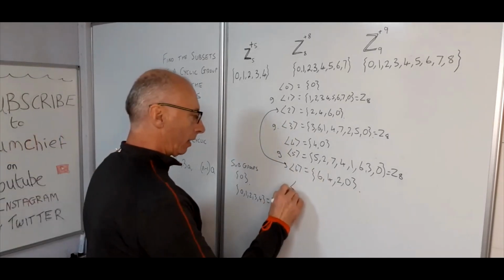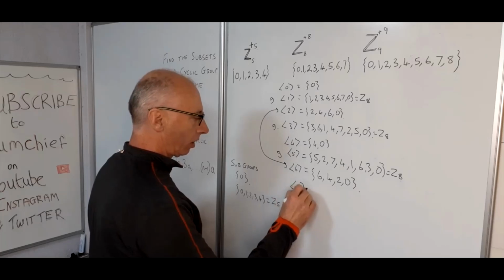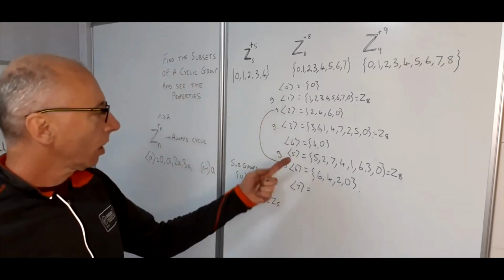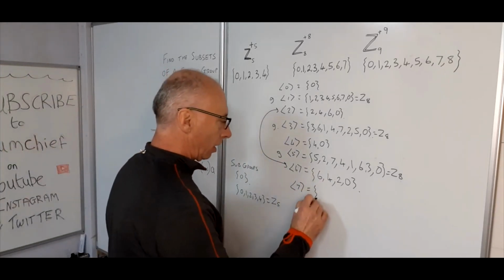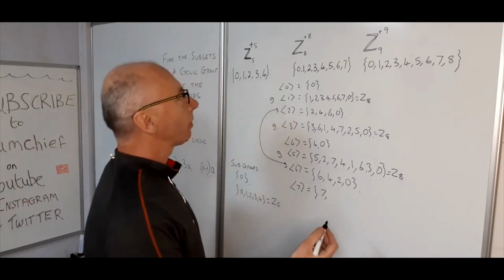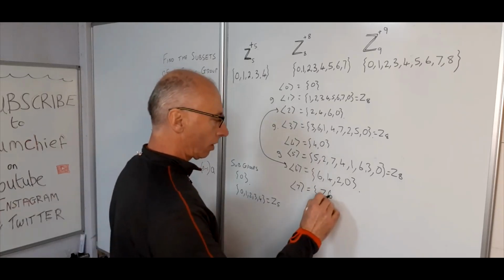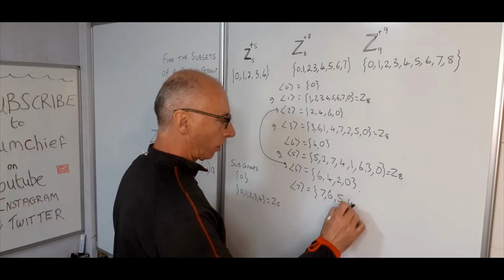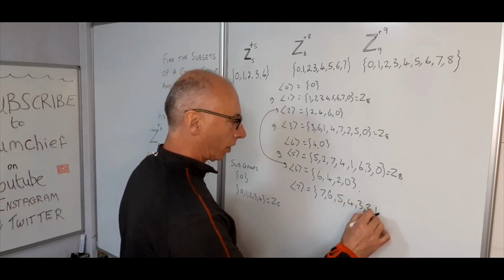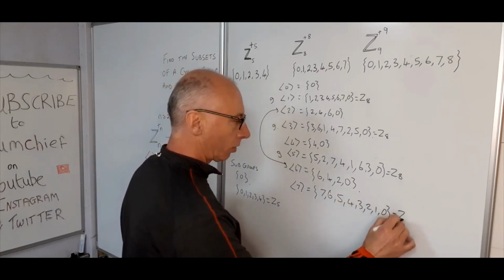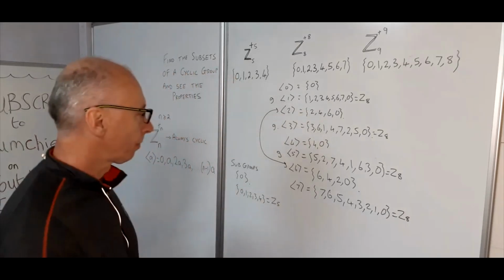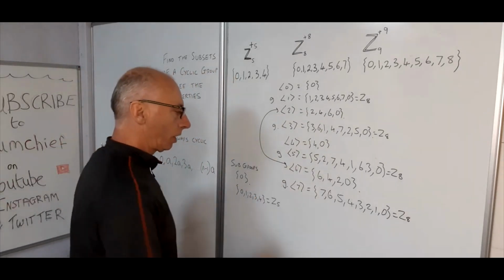And then number 7, the 8th element. So keep adding 7 mod 8. We'll go for 7. 7 plus 7 is 14, which gives 6. And then we go to 5, 4, 3, 2, 1, and then 0, which also equals the group. So this is also a generator.